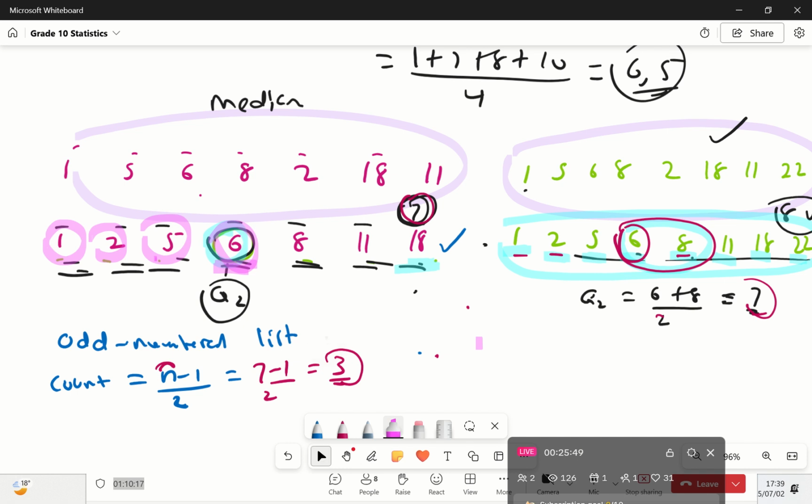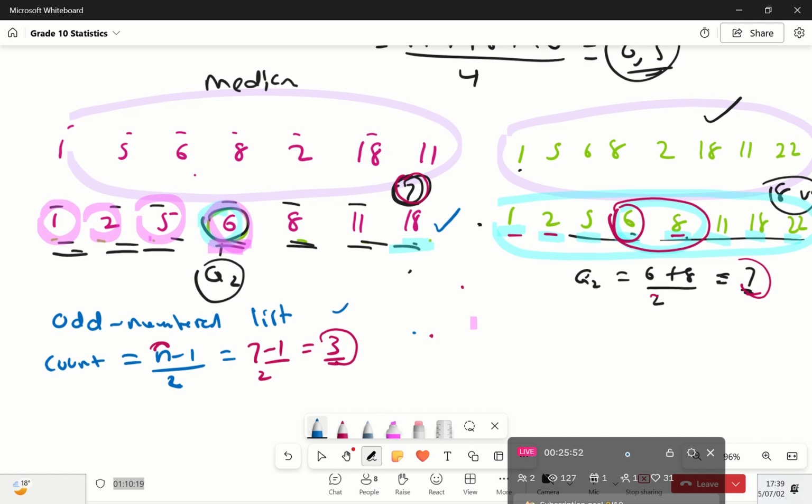You don't have to bother yourself. Then when you're dealing with an even numbered list, you use this formula to count. Your n is the number of values.